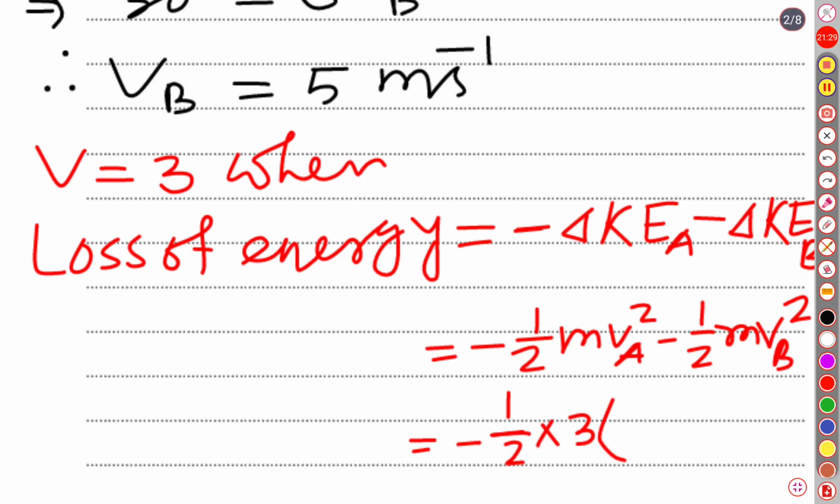Velocity square means square of final velocity minus initial velocity.